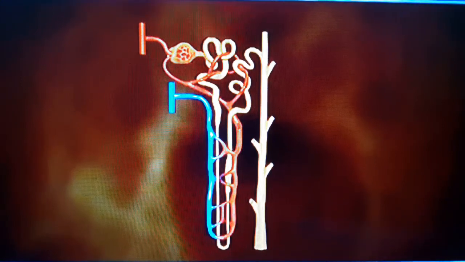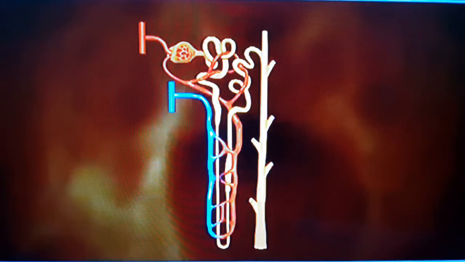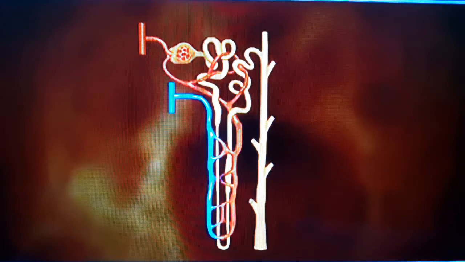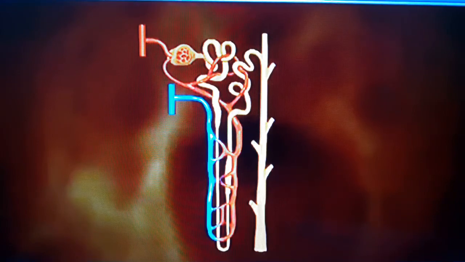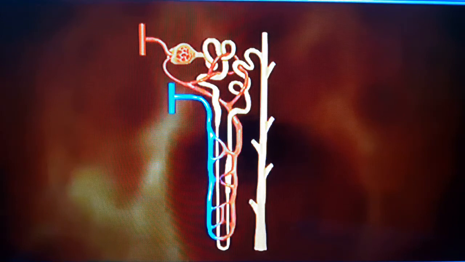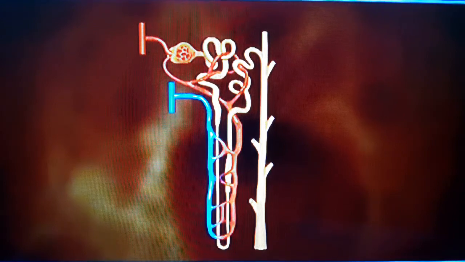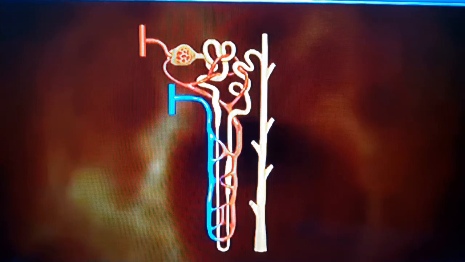This is the differentiation between juxtamedullary and cortical nephrons. So friends, in this section we talked about the structure of nephron, types of epithelium and their functions, and types of nephrons, juxtamedullary and cortical. In this way you can easily understand the structure of nephrons.